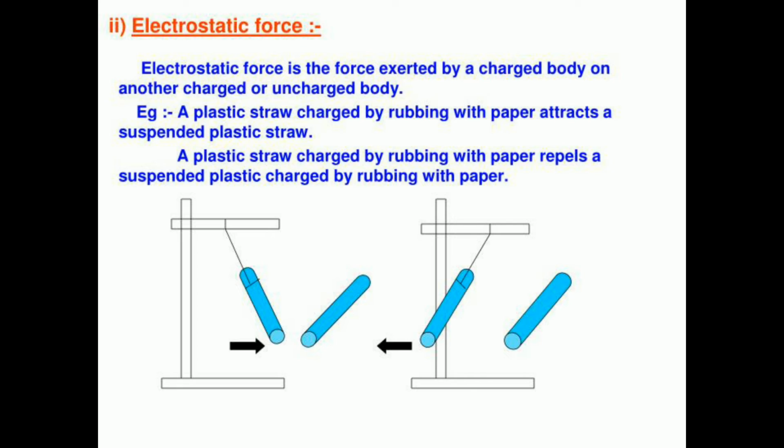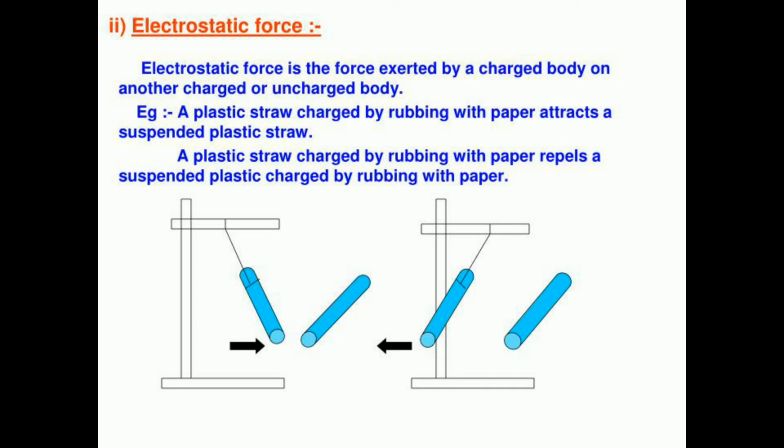Then we discuss the electrostatic force. Before discussing the electrostatic force, we should know the meaning of electrostatic. The fundamental property of matter which takes part in electric and magnetic effects is electric charge, as the charges are of two types, that is positive and negative.